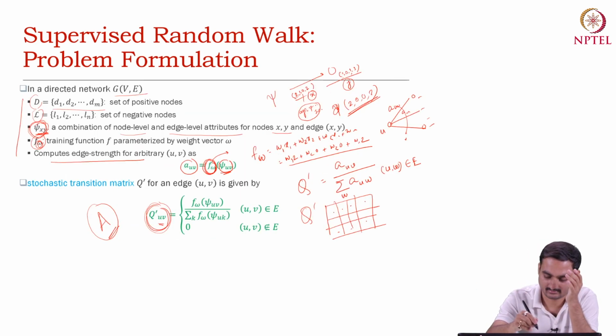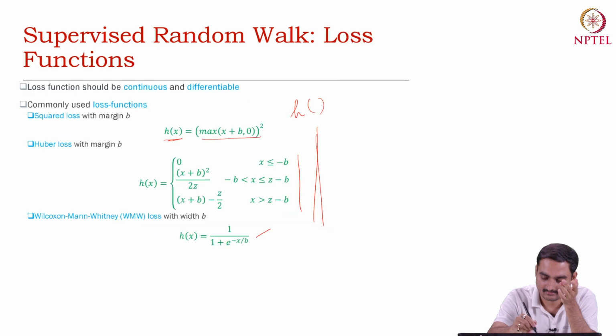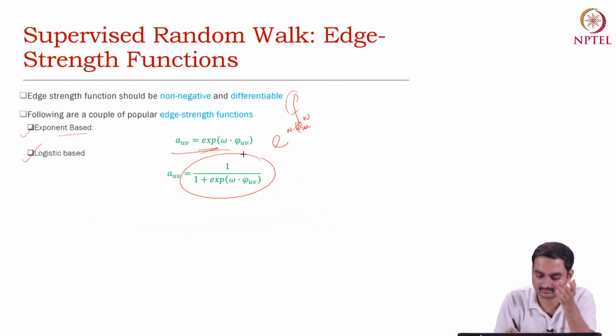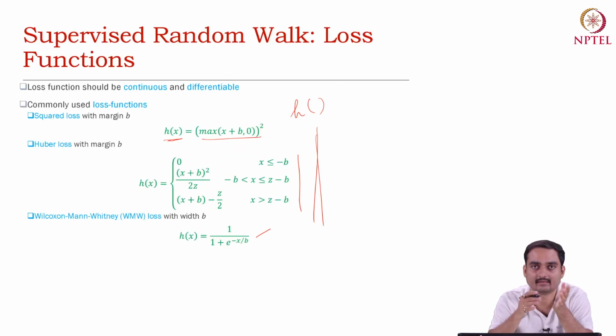Then we compute this psi function. Psi can be any function. It can combine features. Then we have this f. The f is a parameterized function. F can be this or this.